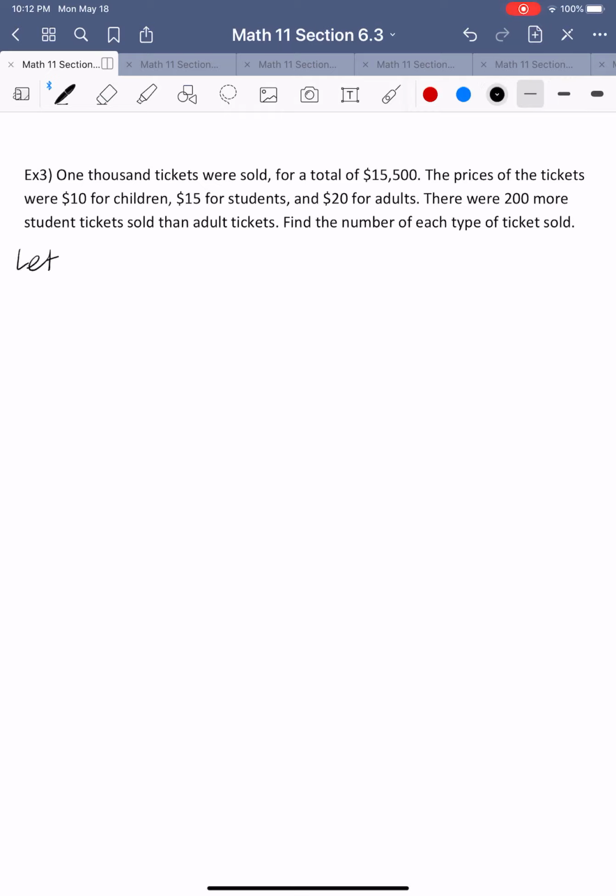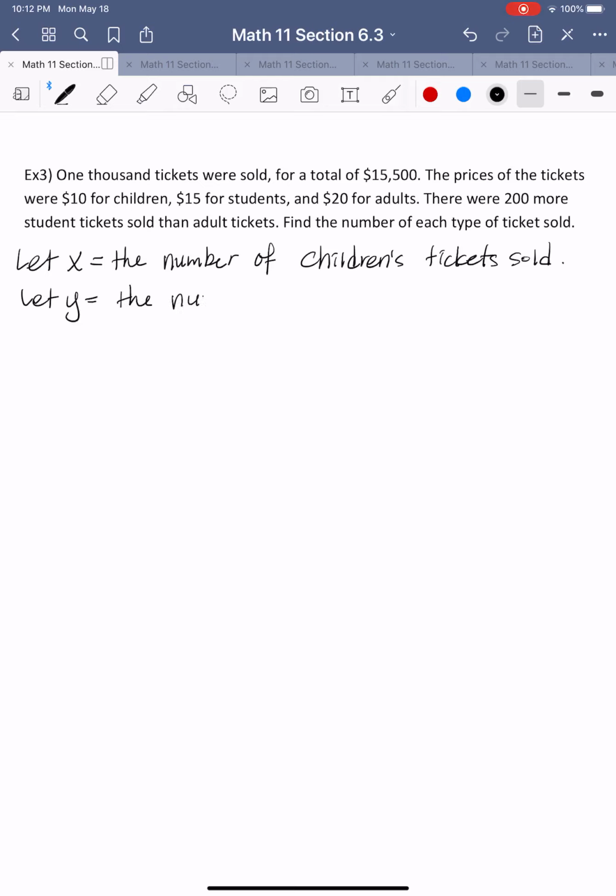Okay, so first of all, we need to define the variables. So I want to say let x be the number of children's tickets sold. And then y is the number of student tickets sold.